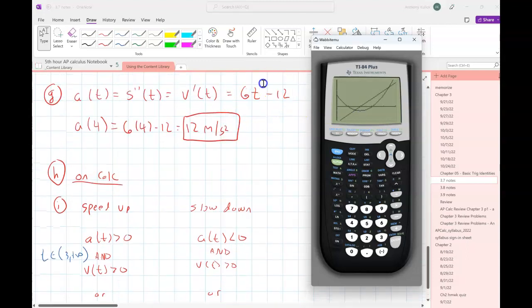But what time is it really? When is acceleration 0? At time 2, right? If I just solve this acceleration equal to 0, we get 2. So from 1 to 2 is the other time we're speeding up. Is that okay?